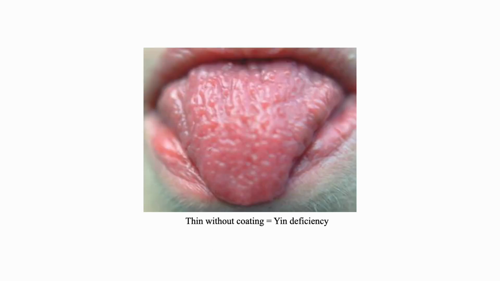To give another example, if a tongue lacks coating, this indicates yin deficiency. But if in addition it is also very thin, it indicates that the yin deficiency is quite severe. In this example, the tongue body shape reflects the severity of a deficiency condition.